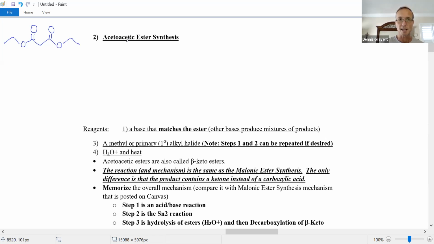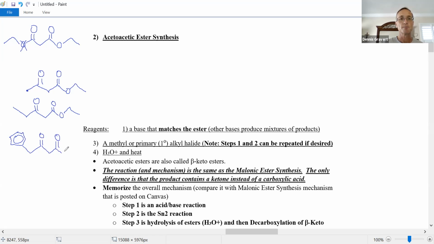But the acetoacetic ester is where you take one of these esters, I'll choose the left one, and you make it a ketone. And I picked methyl. You don't have to. It could be an ethyl. It could be a benzene ring out there and then the ketone or whatever.